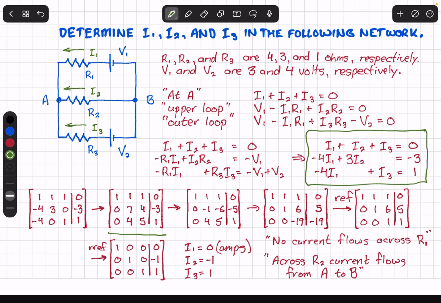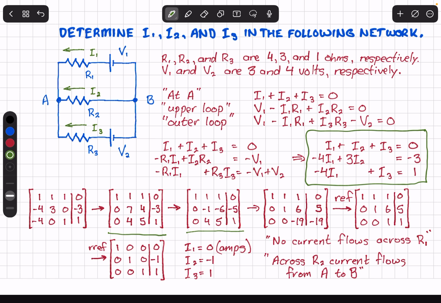So that produces minus 1, minus 6, minus 5 in the second row. And I can use that minus 1 there first to place a 0 in the third row in the second column. 4 times that row with a minus 1 added to the row that begins with a 4. That'll create the third row of 0, minus 19, minus 19. And then minus 1 times the second row, the one that begins with minus 1, will produce 1, 6, and 5.